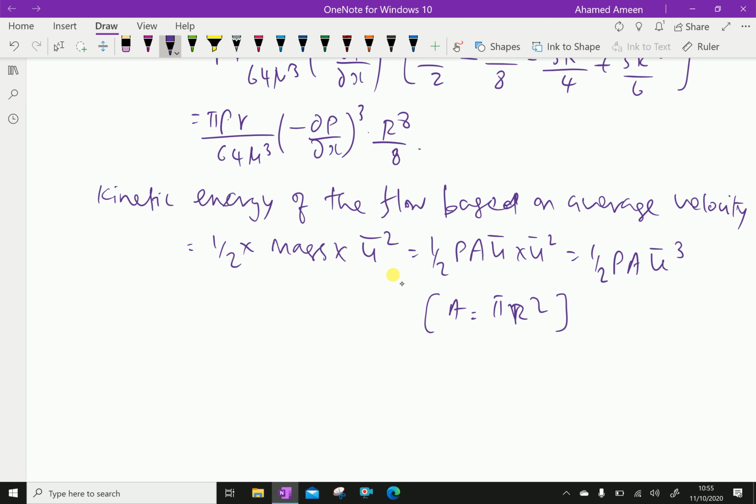Now from here we have u bar equal, after simplifying, 8 mu minus dou p by dou x R squared here.